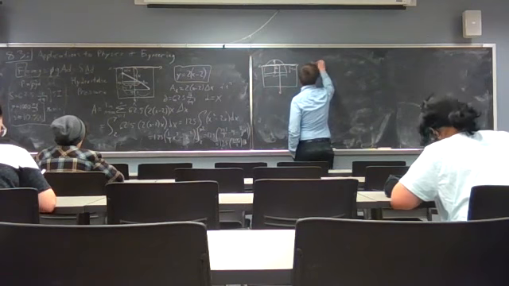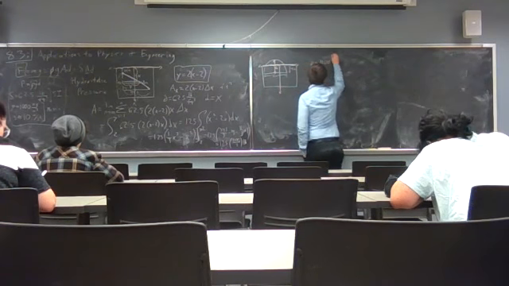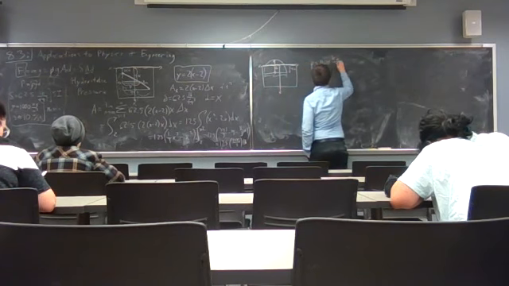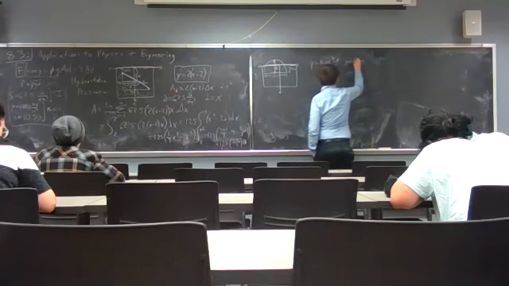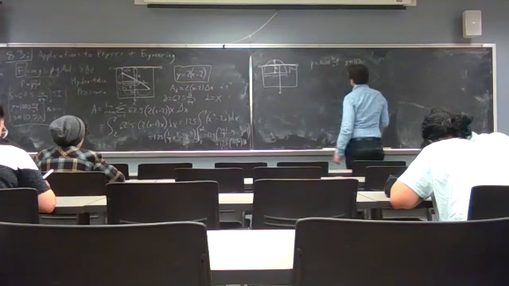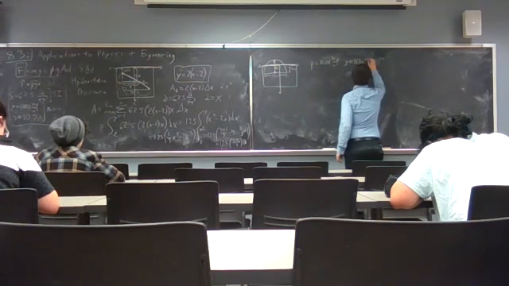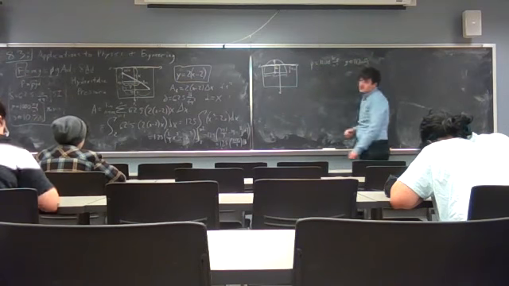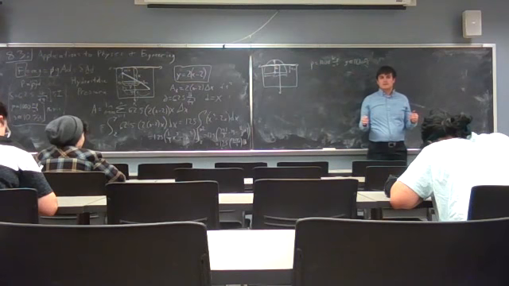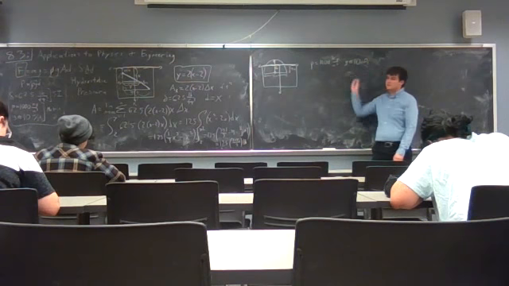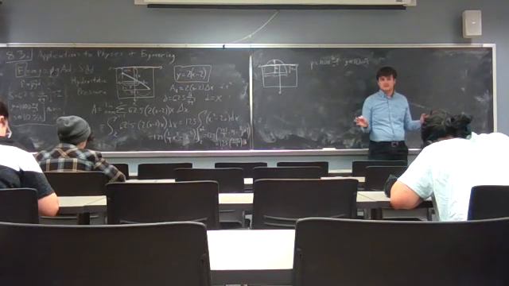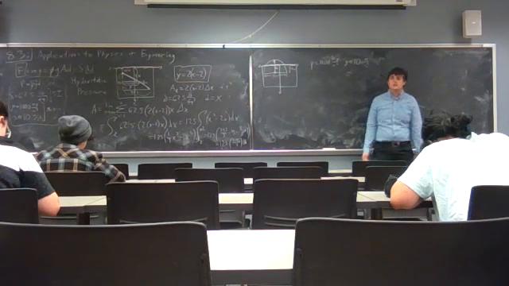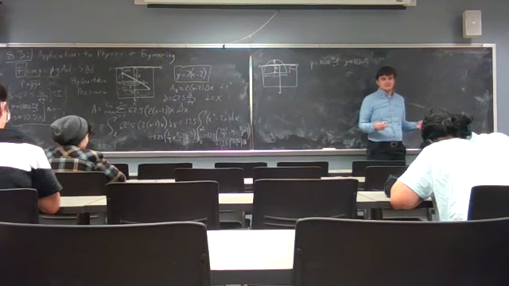So rho is 1,000 kilograms per meter cubed, and G is going to be approximately 10. This is a bit approximate as well, but this one's a lot closer. G is supposed to be like 9.8, 9.81, but we're going to round to 10 for ease of calculating. And I'll do it now so you don't get confused when it comes to the test where you're supposed to use it.